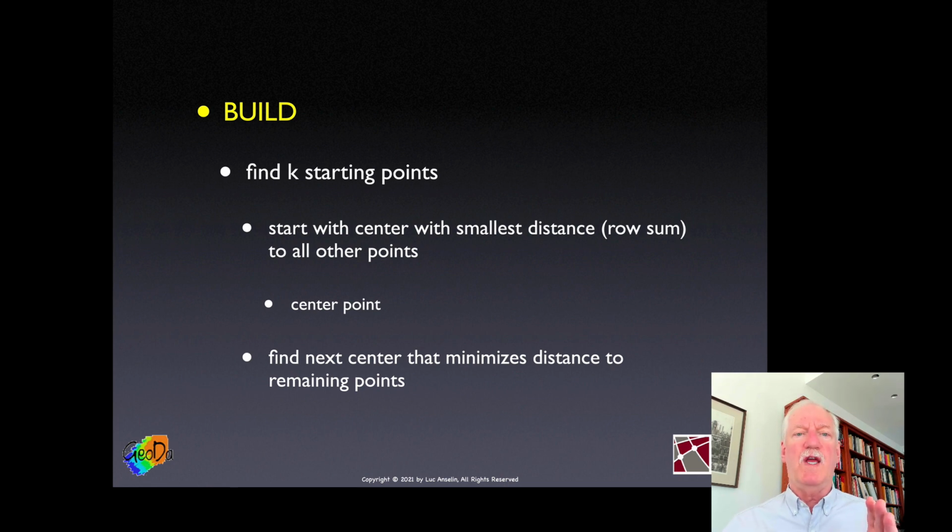We have to think about what happens when some points will remain closer to the first one, and other points might be closer to the second one. So now we have to pick the second one that is the best in terms of the remaining points and their distances to their current closest centers.